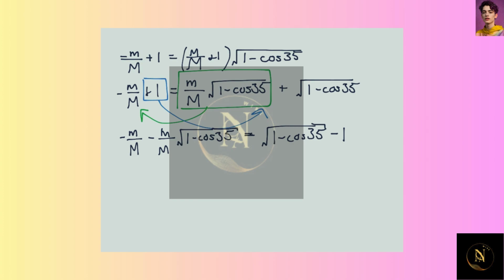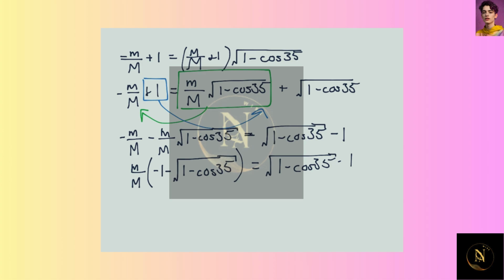Now I can simplify the left hand side of the equation because I have small m over large M multiplied by negative 1 minus the square root of 1 minus cosine 35, which is still equal to the square root of 1 minus cosine 35 minus 1. Now simply all I can do is take this and put it under here and calculate it.